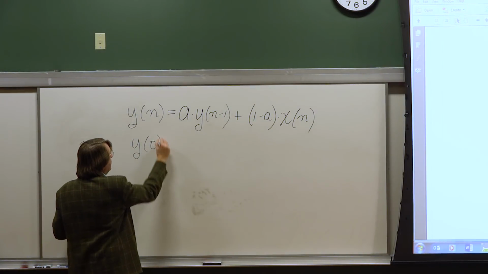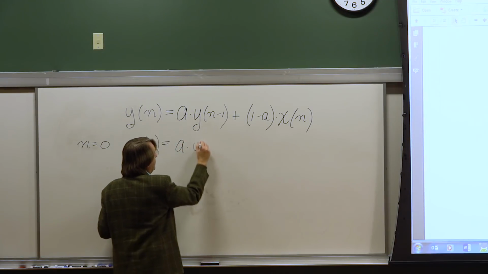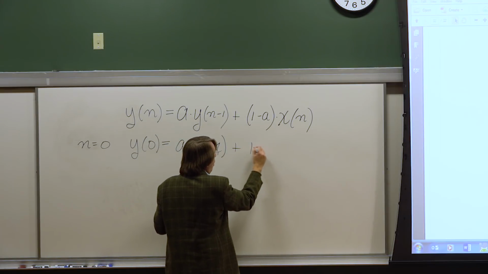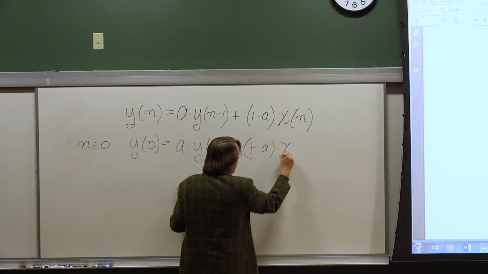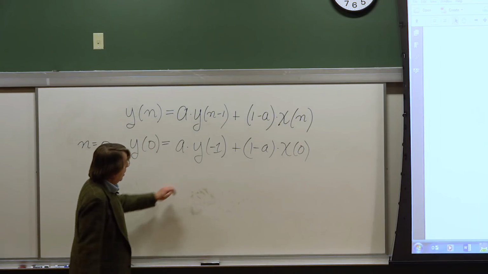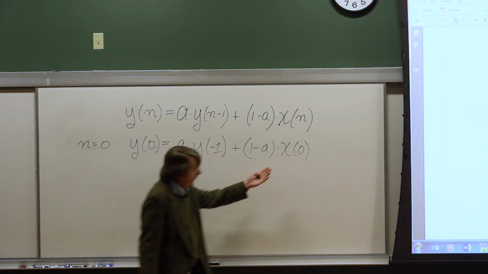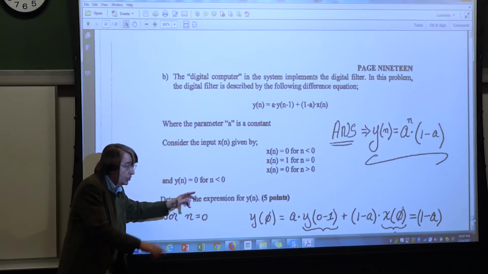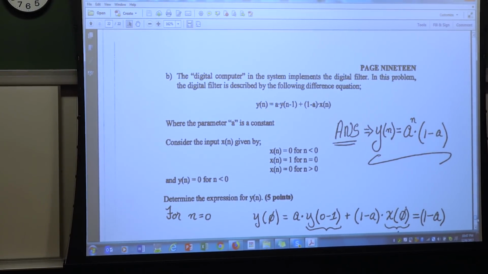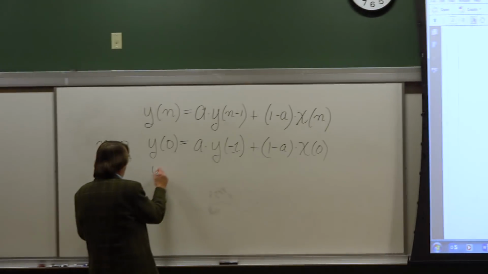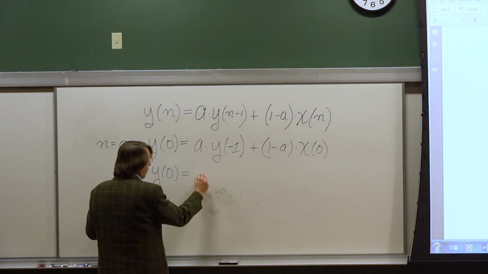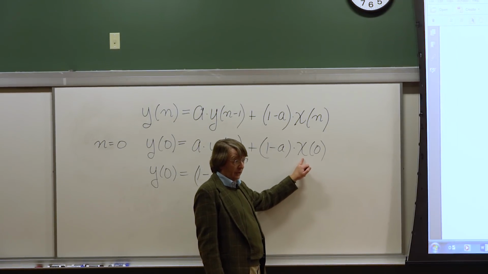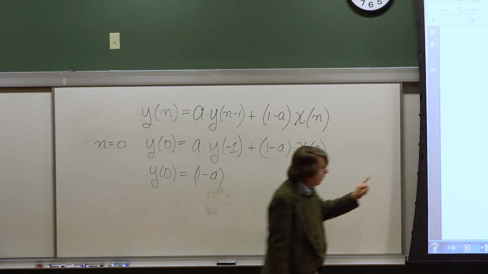This becomes y of 0 equals a times y of 0 minus 1, that's minus 1, plus 1 minus a times x of 0. Now, y of minus 1. Wait a minute. You just told me y for all values of n less than 0 is 0. So this whole thing is 0. So y of 0 equals 1 minus a. And I say, wait a minute. What's the value of x at 0?